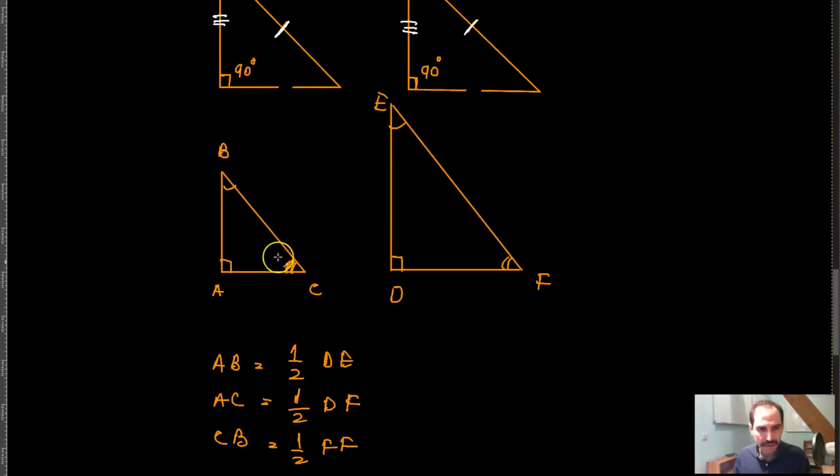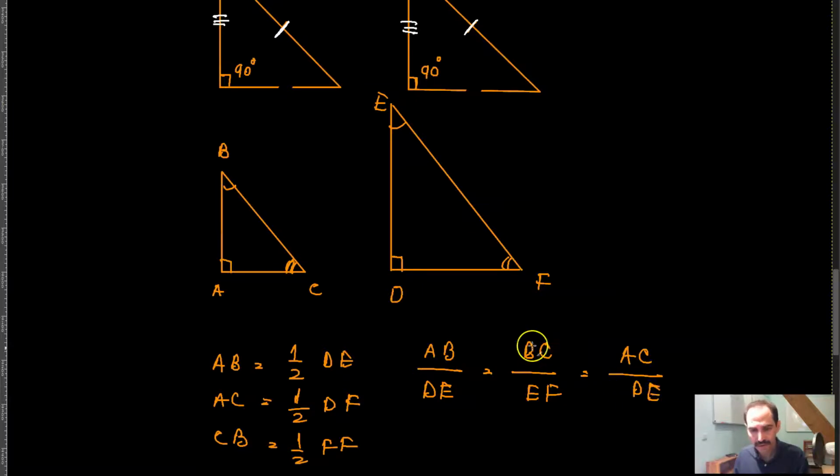Which means that you can say that, for example, AB to DE is the same thing as BC to EF, which is the same thing as, for example, AC to DF.